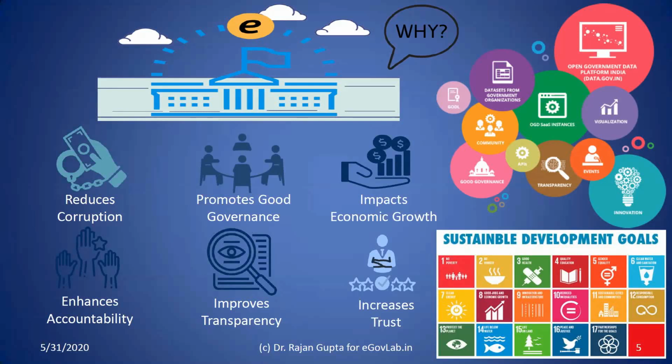With the help of electronic governance, if every process has been digitized, and everything that the government offers is delivered with technology, then that improves the transparency of the whole process.